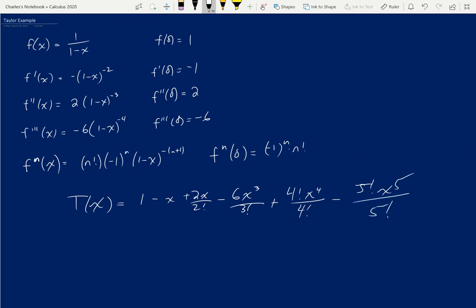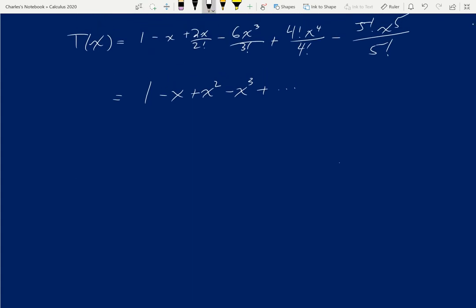But if you notice here, there would be an easier way to express this, which is 1 minus x plus x squared minus x cubed plus dot, dot, dot, or 1 over 1 minus x is equal to the sum, n goes from 0 to infinity, of negative 1 to the n times x to the n.